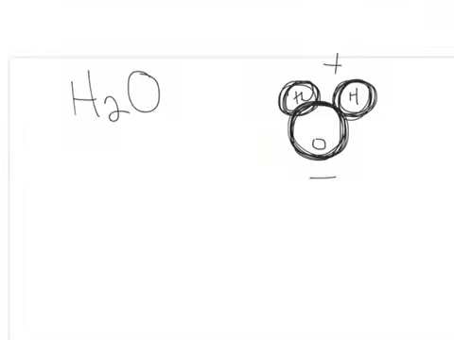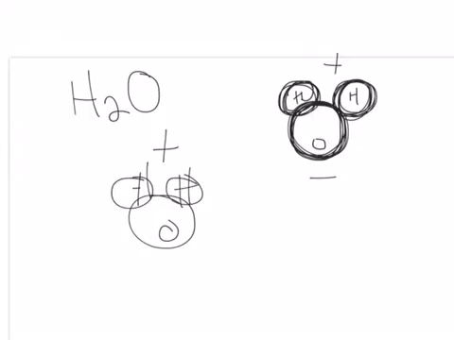So if you're asked on a quiz, draw a diagram or a model of the water molecule and identify how it's polar, this is your answer. You're going to draw your oxygen, put your two hydrogens in there, label them, and identify that the positive side of water is the hydrogen, the negative side is the oxygen, and it's that simple.